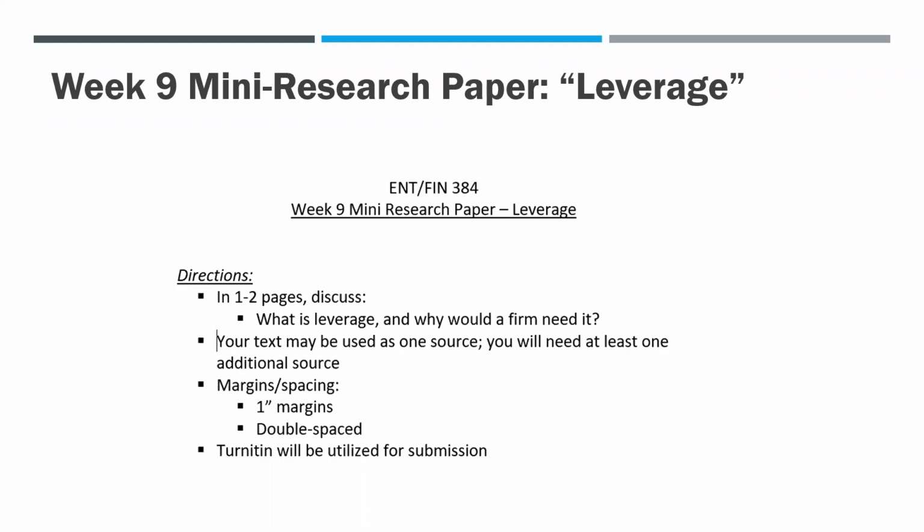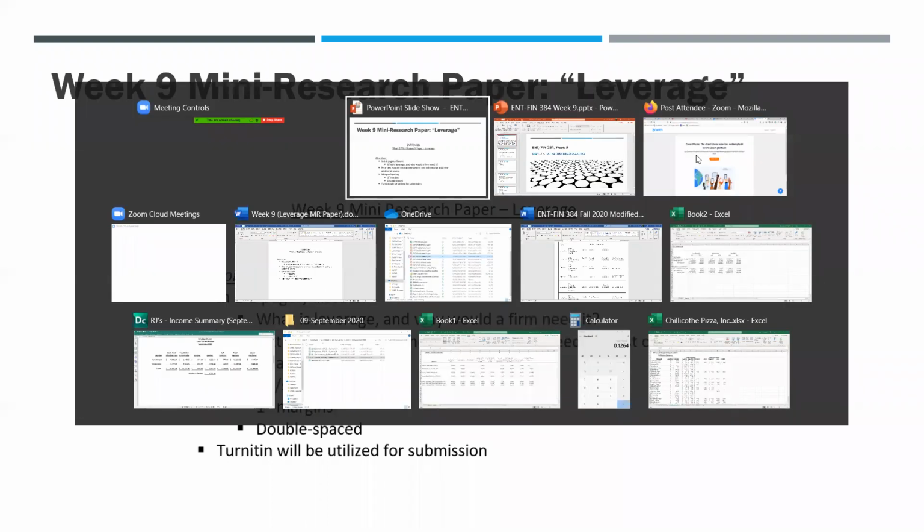Just discuss the concept of leverage and why a firm might need leverage in doing business. You can use the textbook for a source, plus at least one additional source. Again, no more than 1 inch of margin, double space, and we will use Turnitin for submission, and the Dropbox is out in Sakai.